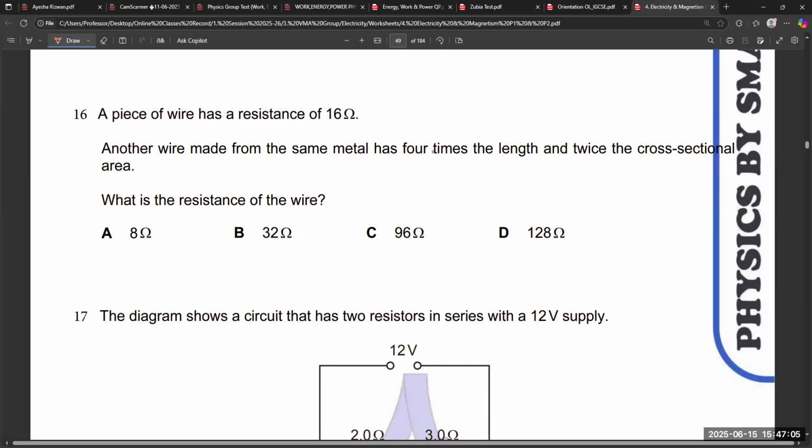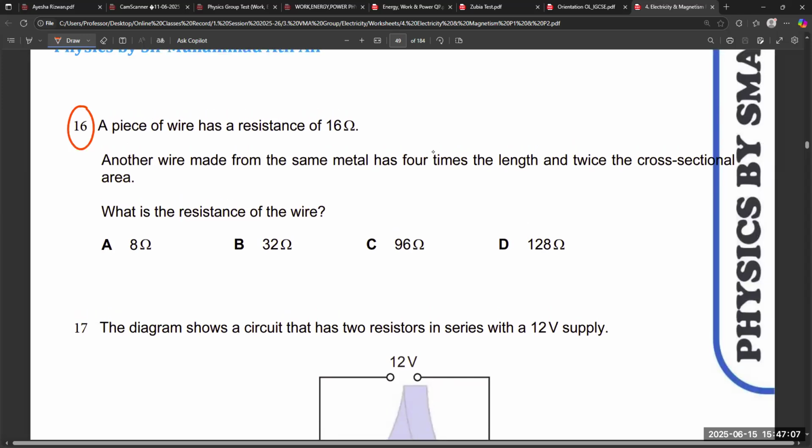Question number 16. Now in question number 16, values are not given, just like the previous question.